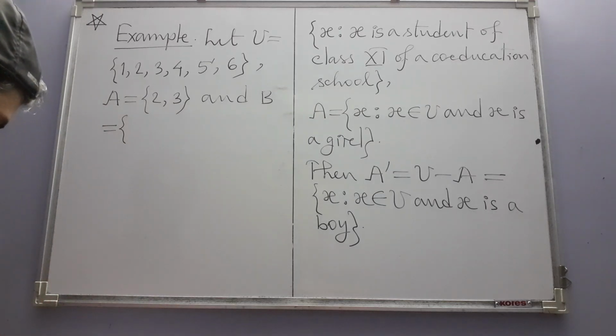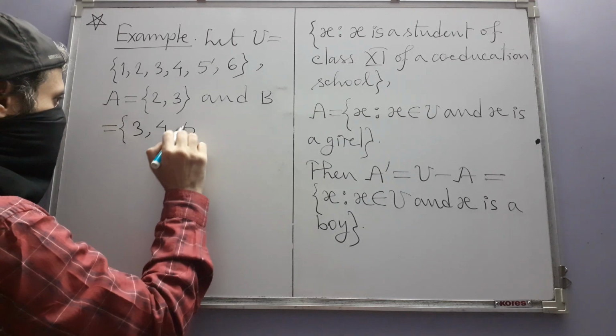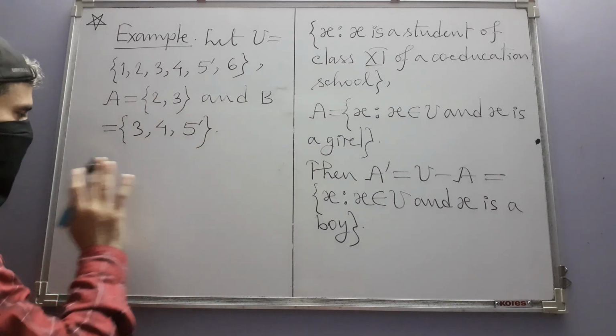B is the set consisting of 3, 4 and 5. So let us do one thing first.